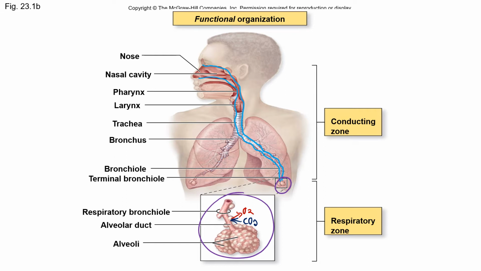And typically the respiratory zone is said to contain the respiratory bronchioles, the alveolar ducts, alveolar sacs, and alveoli, and the conducting zone is said to contain everything else.